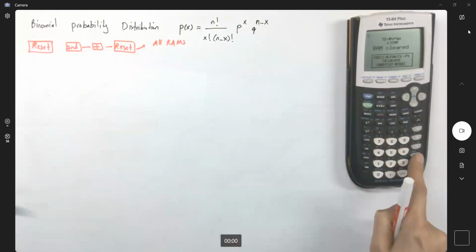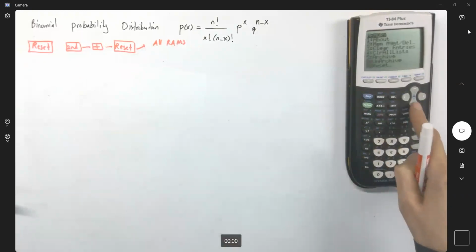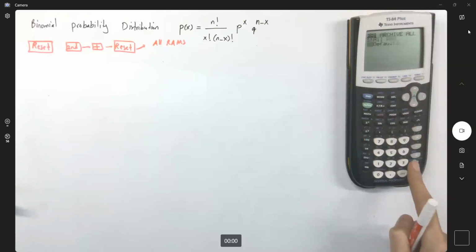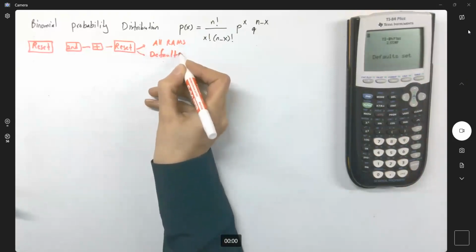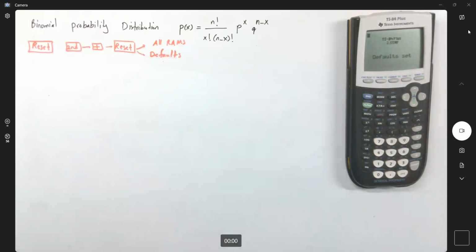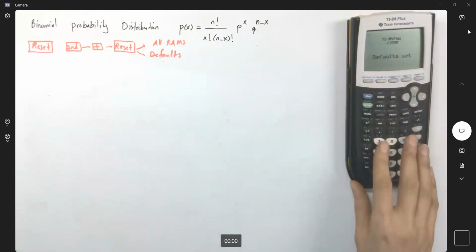Second, plus, find the reset and the defaults. And reset the defaults. Very good. So you don't have any built-in function anymore, and you can use your calculator easily.